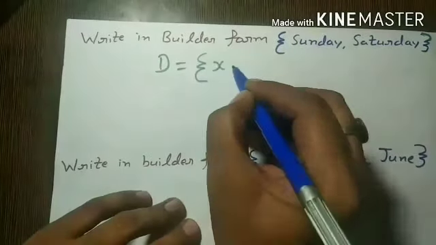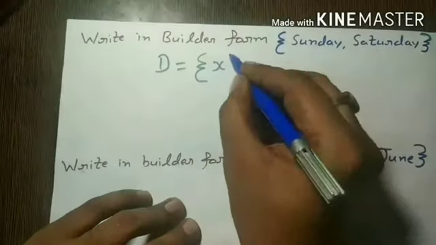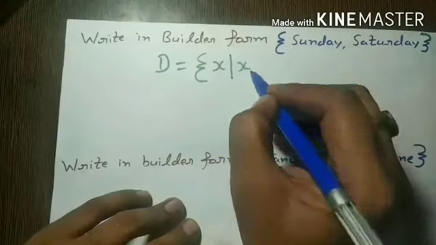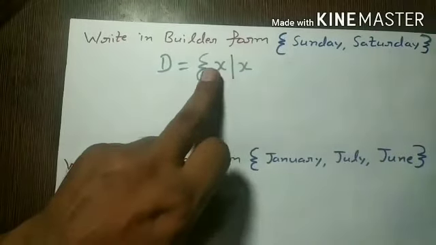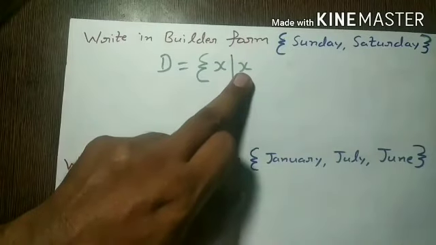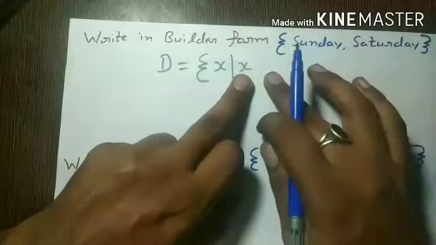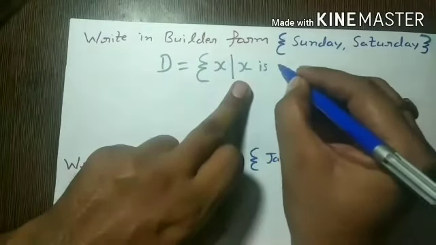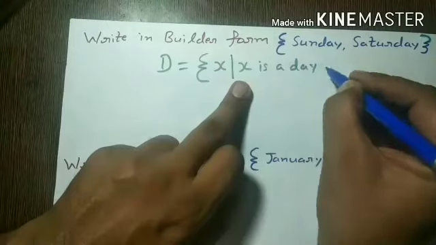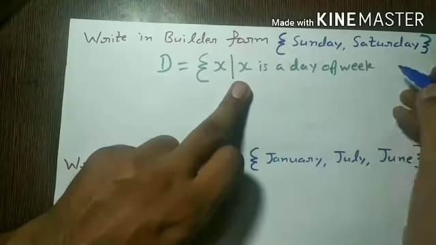Firstly, take a variable x. D is the set, D is x such that x. This vertical bar is called such that. What is x? It means these members. x is a day of the week.